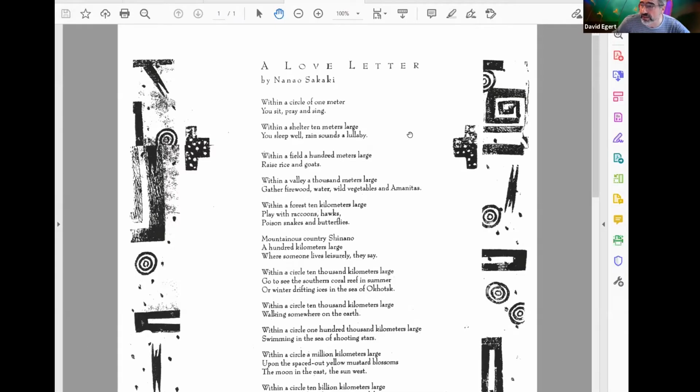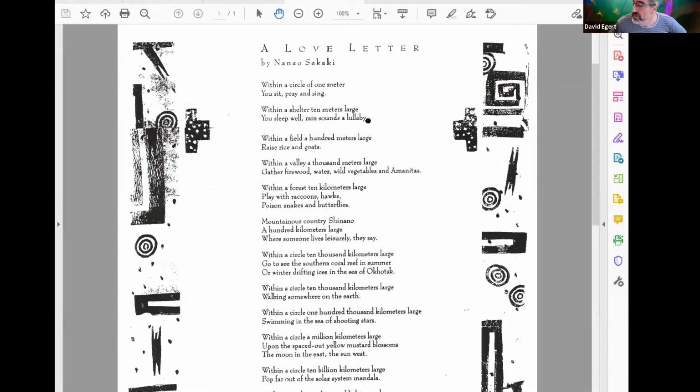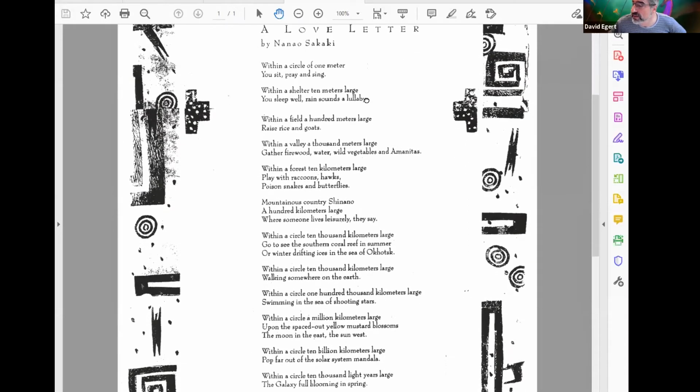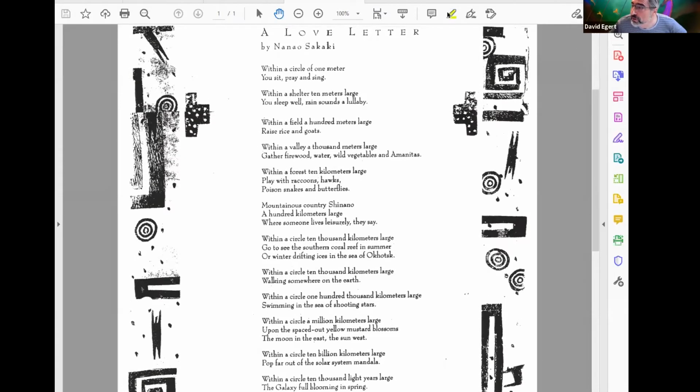So here it's Nanao Sakaki. First it sounds kind of like just a pretty poem, but the more we get into it, you're going to realize it's actually going into orders of magnitude. So within a circle of 1 meter, you sit and pray and sing.